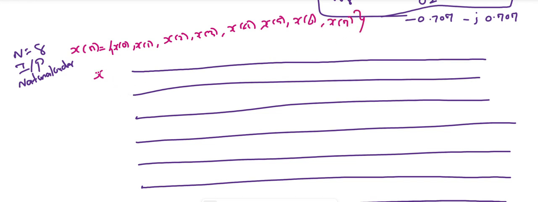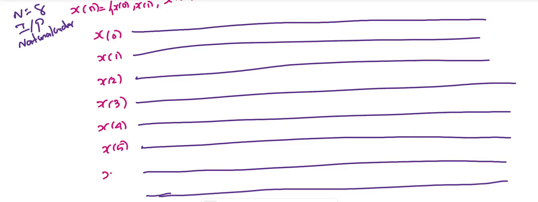So the input should be in the natural order, x of 0, x of 1, x of 2, x of 3, x of 4, x of 5, x of 6, x of 7.